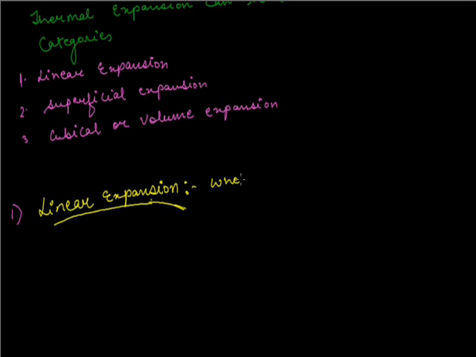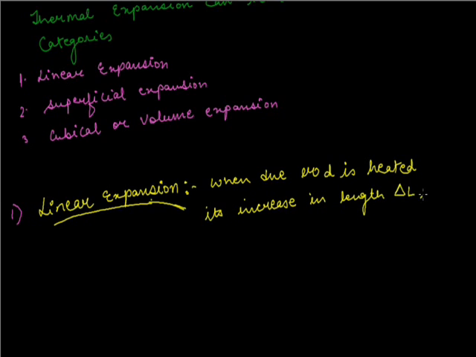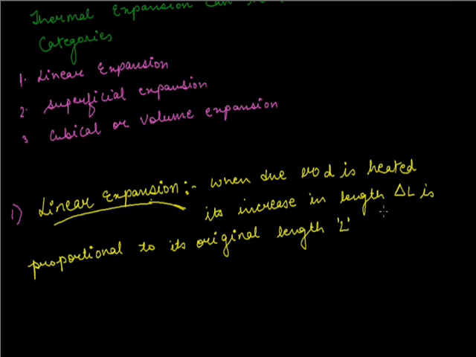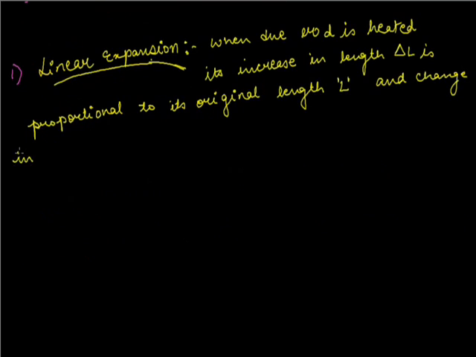When the rod is heated, its increase in length delta L is proportional to its original length L and change in temperature delta T, where delta T is in Kelvin or centigrade.